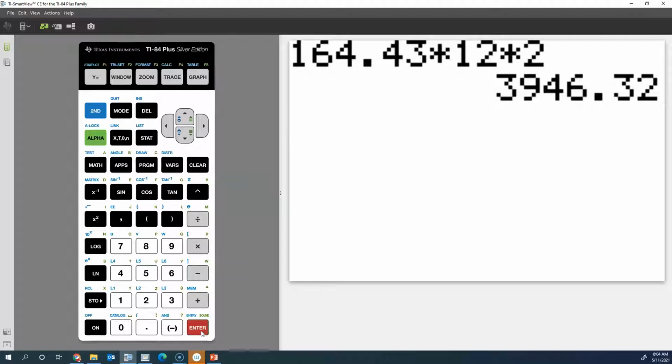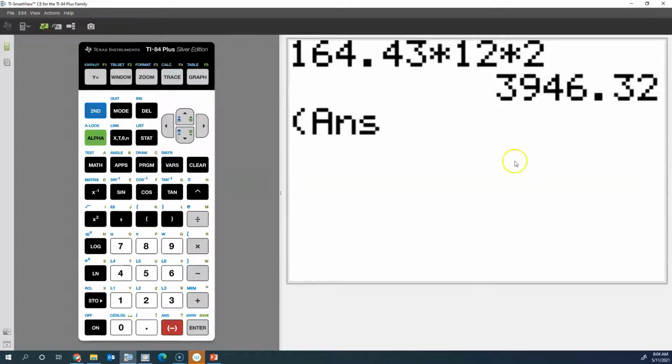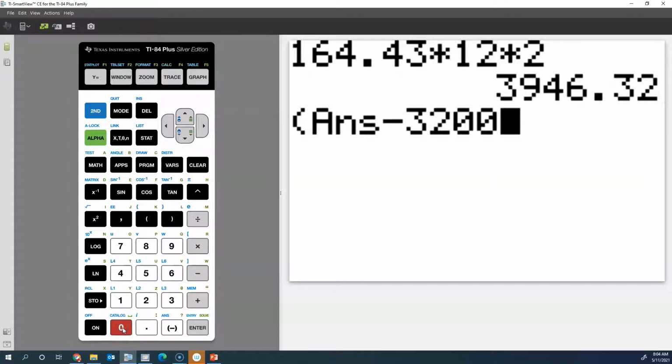3943.2. Okay, and now we're going to take that amount, parenthesis, second answer, that's that total amount, take away 3,200, divided by second answer.